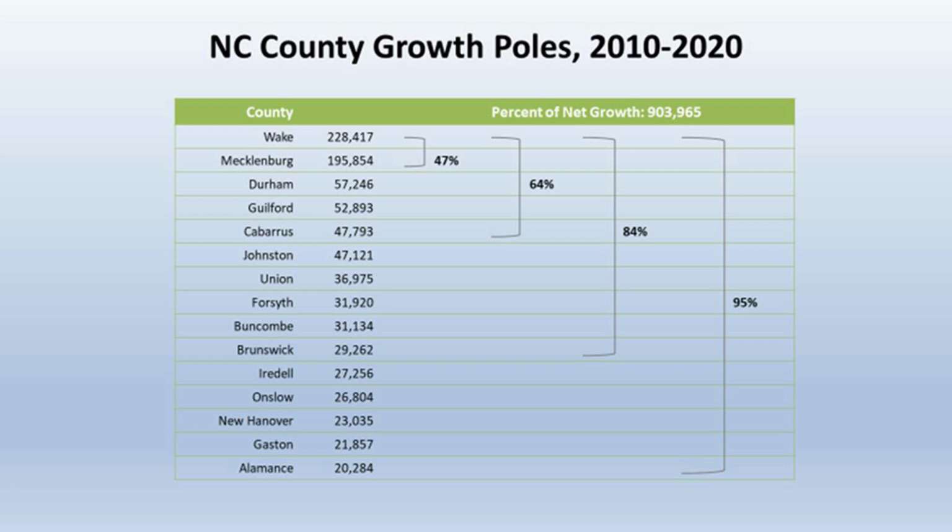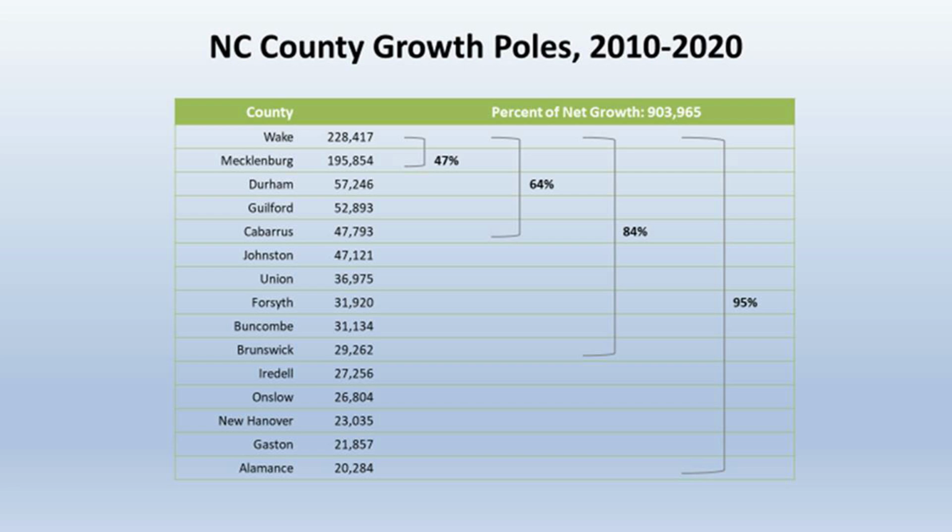The reason for that is housing costs went up significantly in Wake and Mecklenburg, and people started moving out to find less expensive housing. Then that started happening in that second tier, Durham, Guilford, Cabarrus. People started moving out. When Durham became expensive, people started looking at some of those other counties.